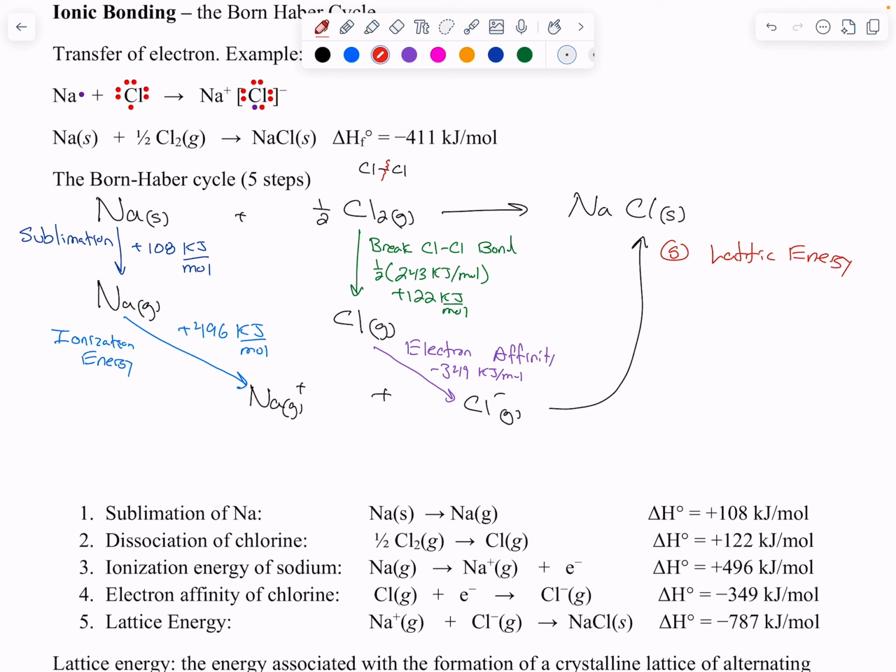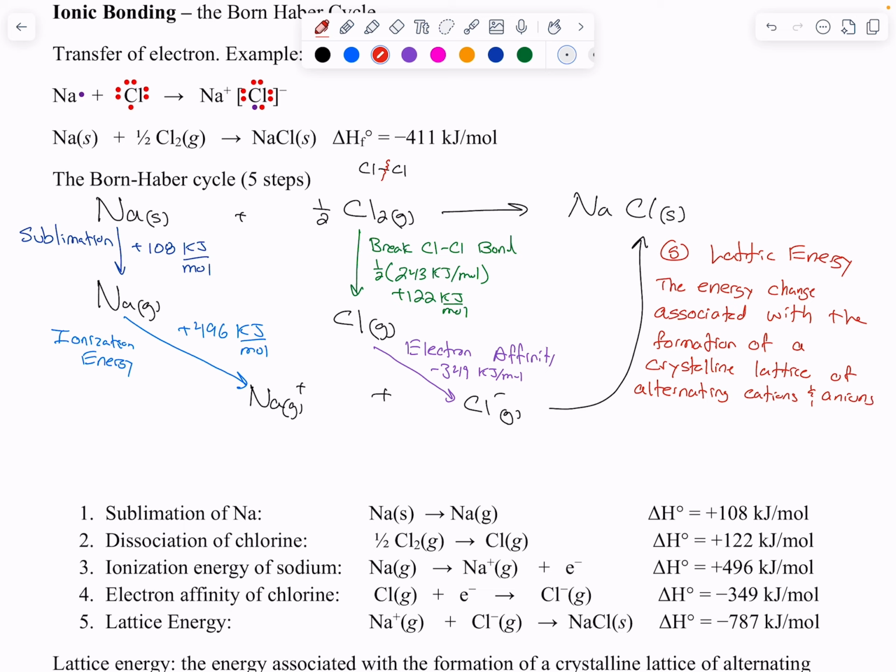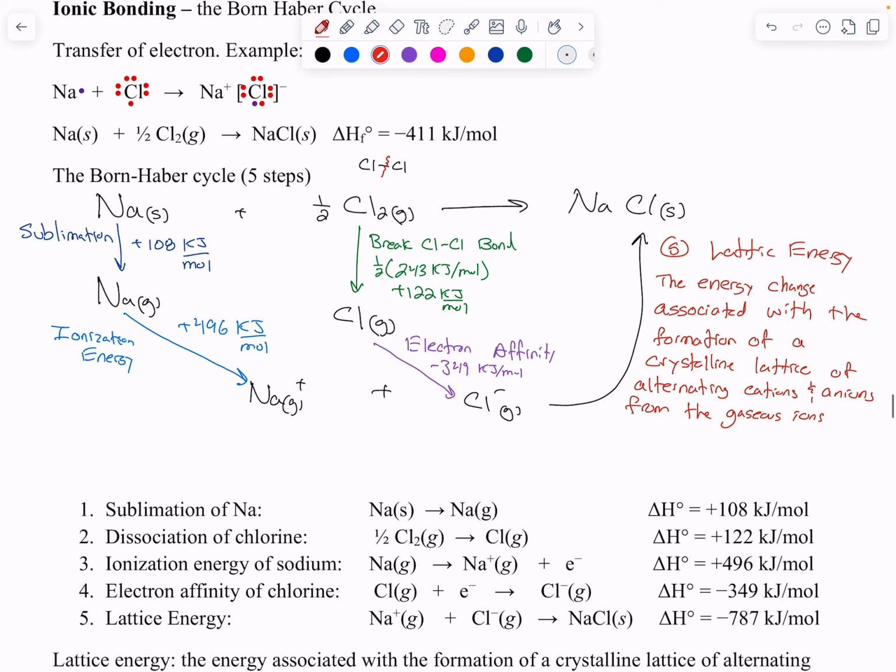And that is the energy change associated with the formation of a crystalline lattice of alternating cations and anions from the gaseous ions. That's lattice energy. Okay, that's what it is.